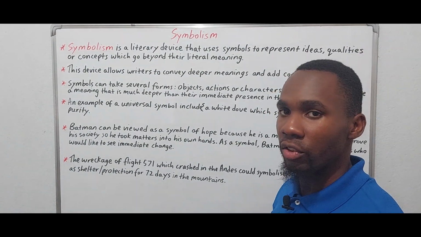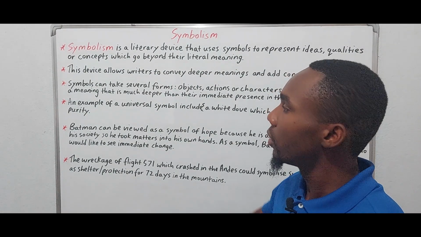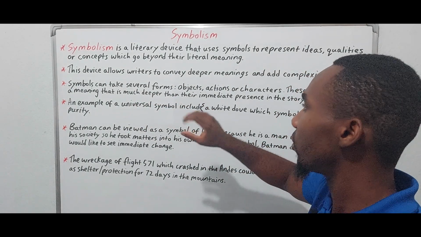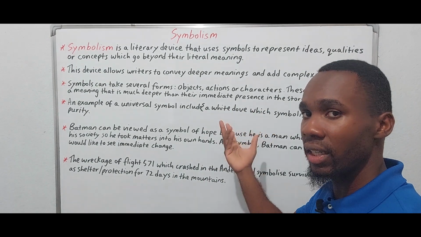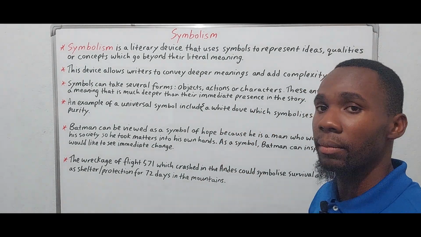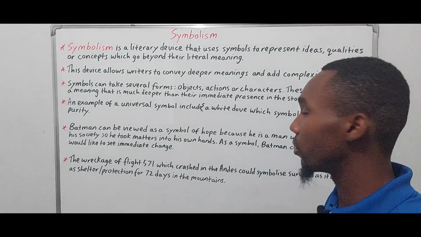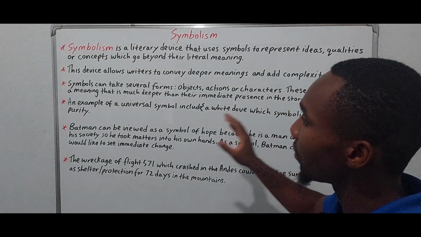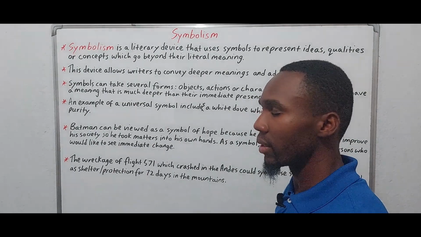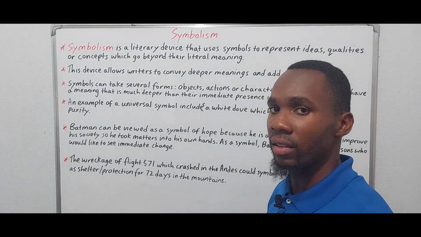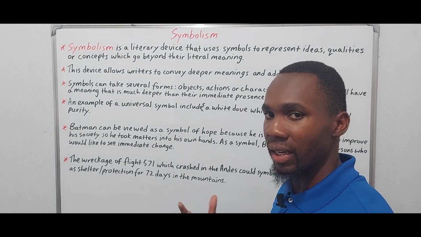What can constitute a symbol? Symbols can take several forms: objects, actions, or characters. These are just three, because there are many more examples. These entities will have a meaning that is much deeper than their immediate presence in the story. Yes. So we're talking about entities, anything with an independent existence.